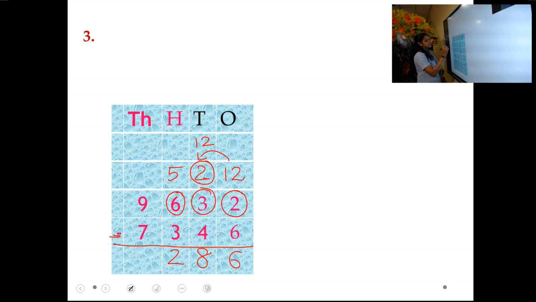Now move to the next place, that is thousands place. 9 in mind, 7 in hand. 9 before, 8, 7, 6, 5, 4, 3, 2. So 2286 is our number.